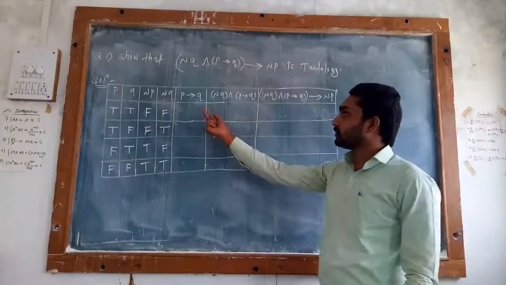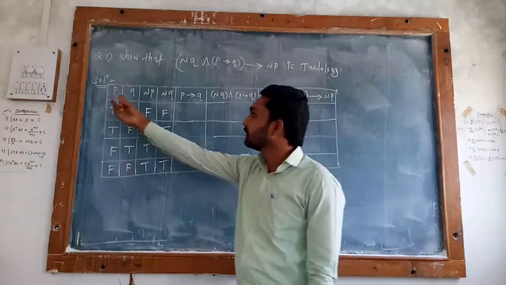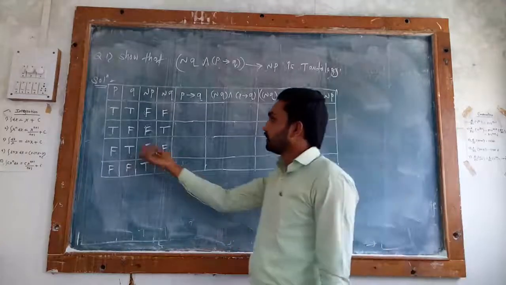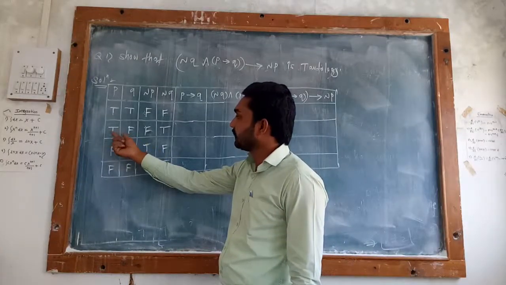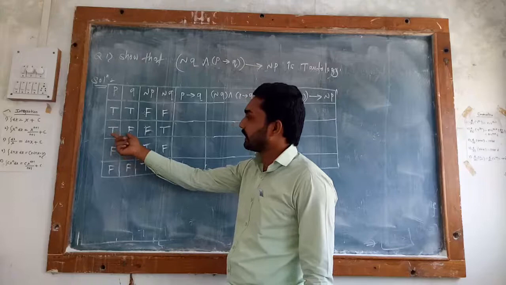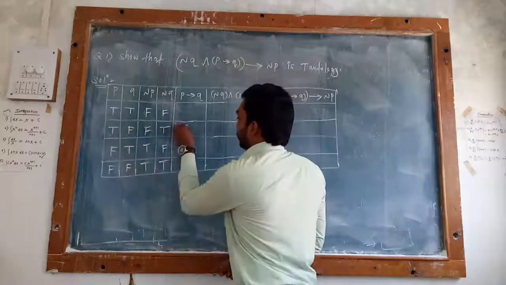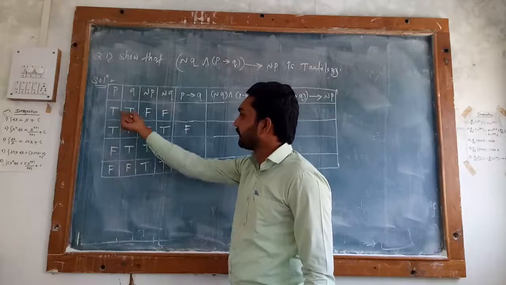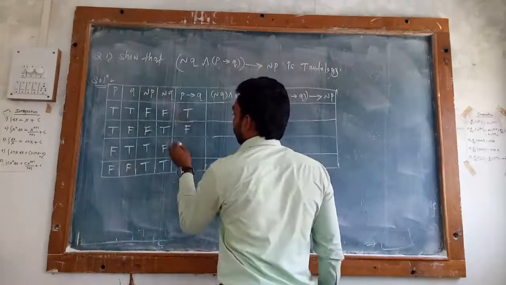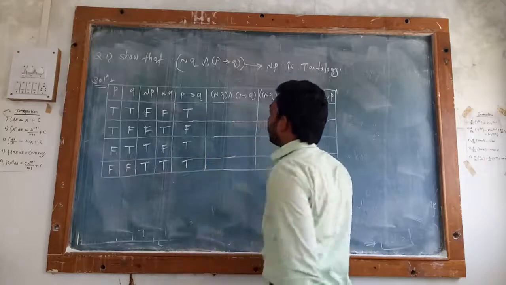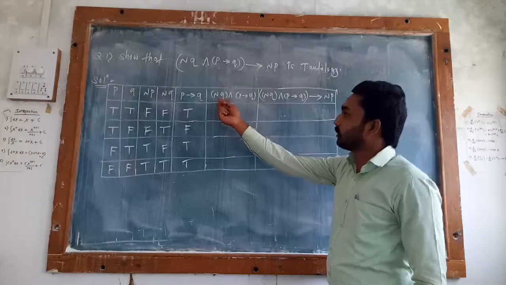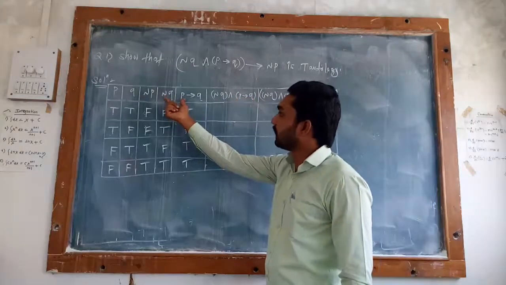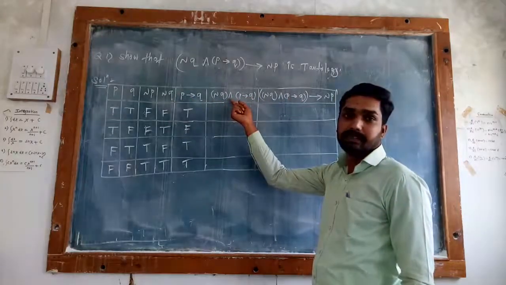Next we have to find the value of P implies Q. In that conditional statement, if the first value is T and the second value is F, that is TF, then its result value becomes F. And in the remaining cases the value is T. Next we have to take negation Q and P implies Q. We take those 2 columns with conjunction.